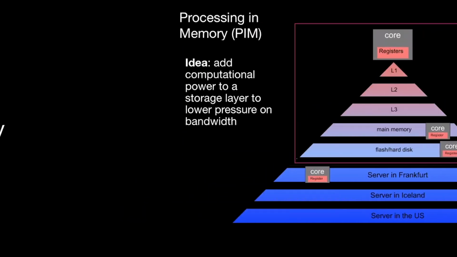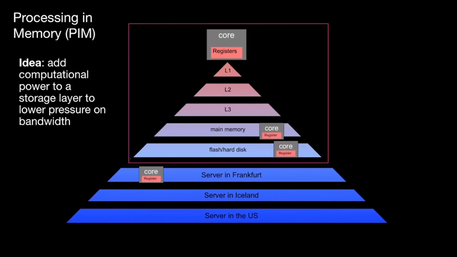Okay, and finally to wrap up, I wanted to show one thing that has been popping up a bit more recently. So we have this von Neumann architecture where there's a computing core and there's a memory and there's this weird storage hierarchy with all kinds of storage layers.